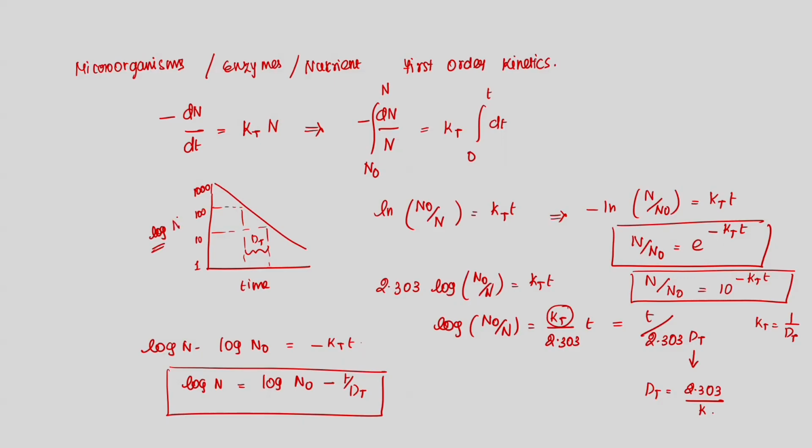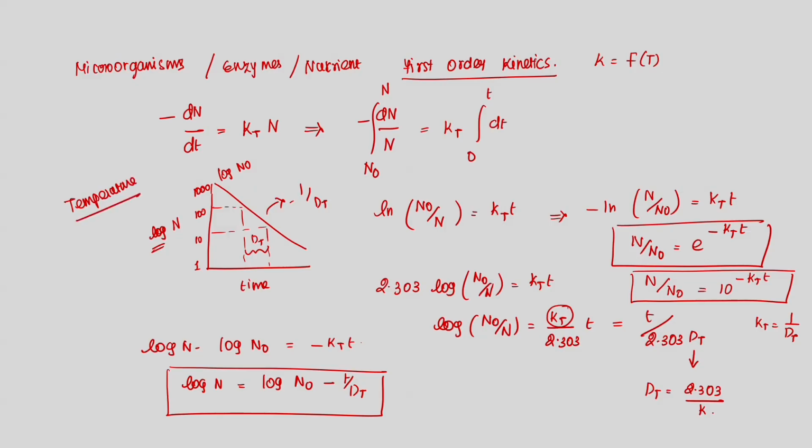This is log N versus time, with time on the x axis. Whatever you get, the intercept is log N naught and your slope is minus 1 upon D. That way also you can find out D. Right. So, this we have already seen: how to find out D, and remember we have said it follows first order kinetics. The rate constant k is a function of temperature here. Whatever we are doing here is for constant temperature.